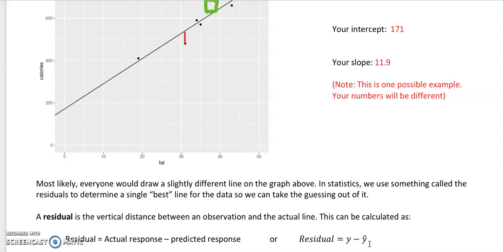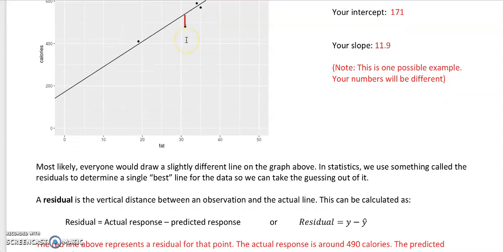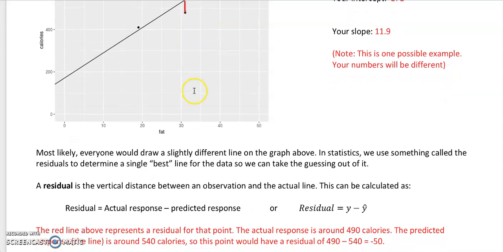For this example, it looks like maybe my actual y value is, say, 490, and the line is at about 540. So to calculate the residual, I would take my response, 490, minus my predicted value, 540, and I would get a residual of negative 50.